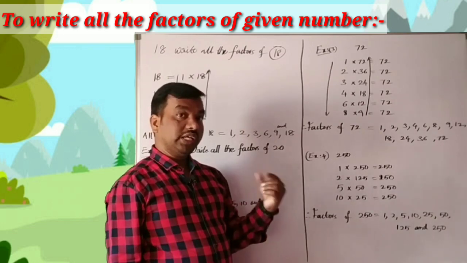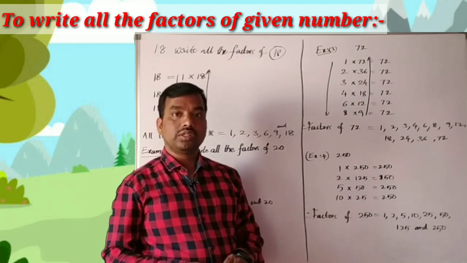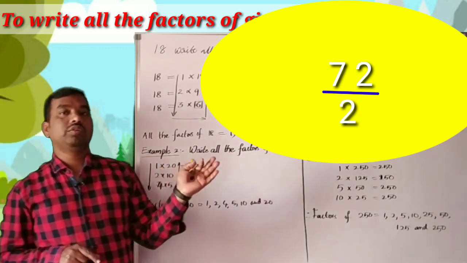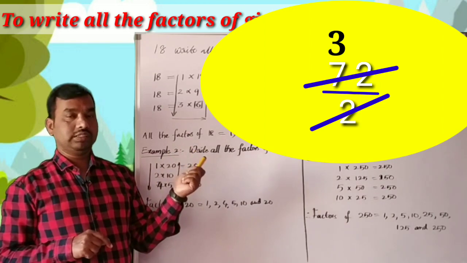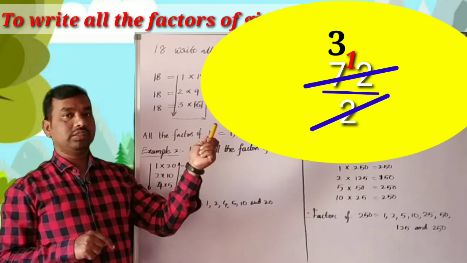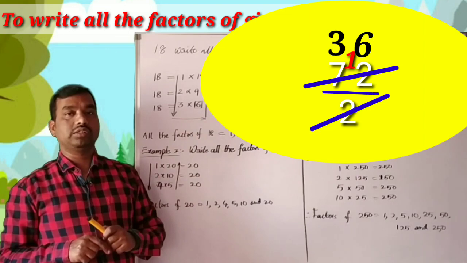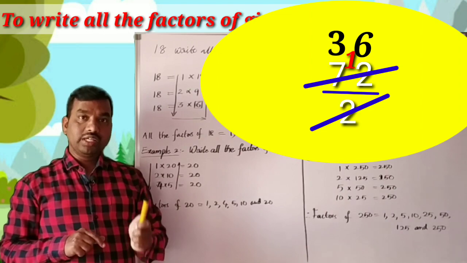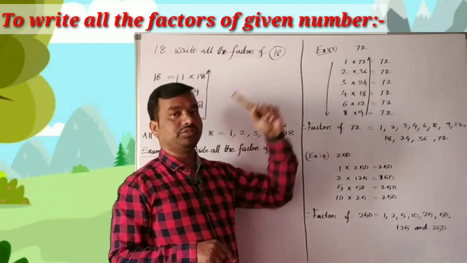Then how can you get the middle number? Take 72 divided by 2. 2 3s are 6. 7 minus 6, 1 remains. So 12, 2 6s are 12. Like this we should cancel the number. So 2 36s are 72.